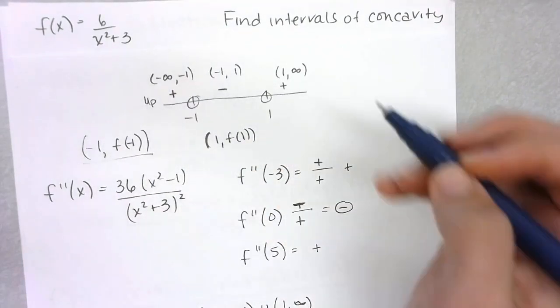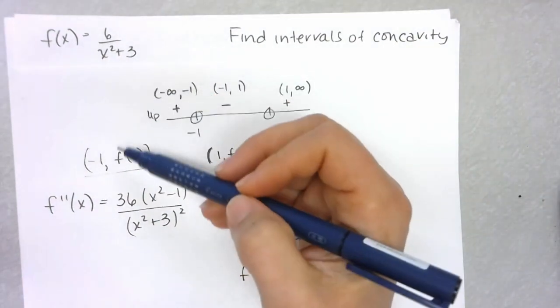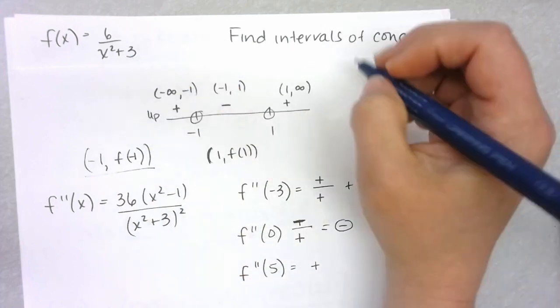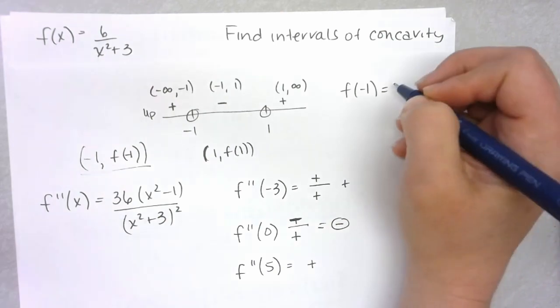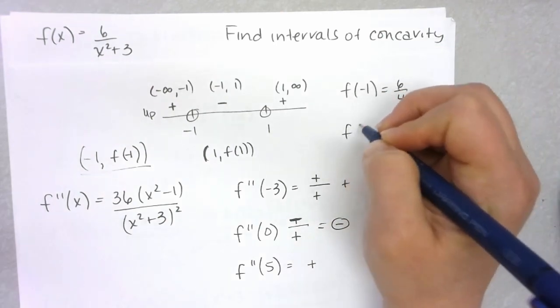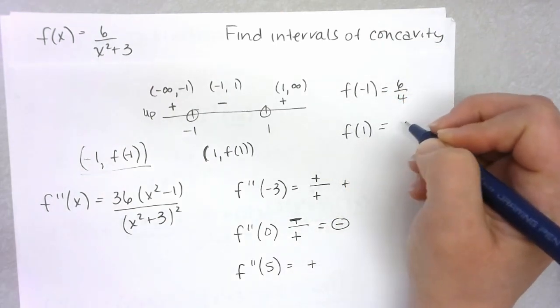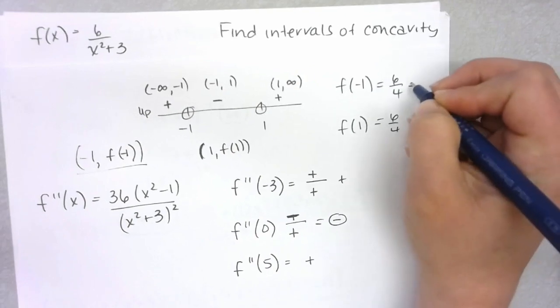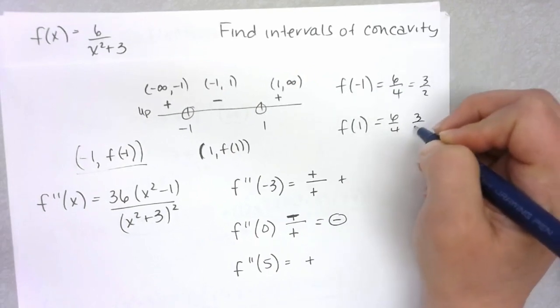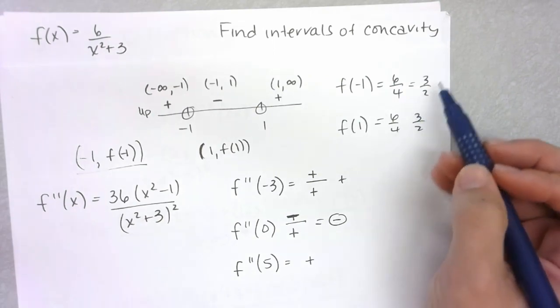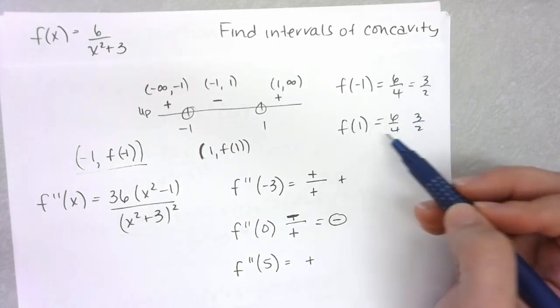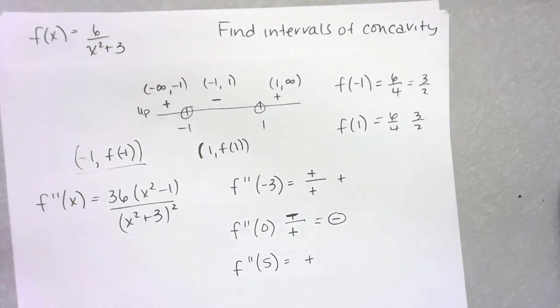Actually, those are pretty easy, so let me just pop them in here. If I plug in -1, f of -1 is 6 over 4, and f of positive 1 will be the same, so in both cases I get 3/2. So when I look at the graph, at the point -1, 3/2, I should see that my concavity is changing there, and at 1, 3/2 as well.